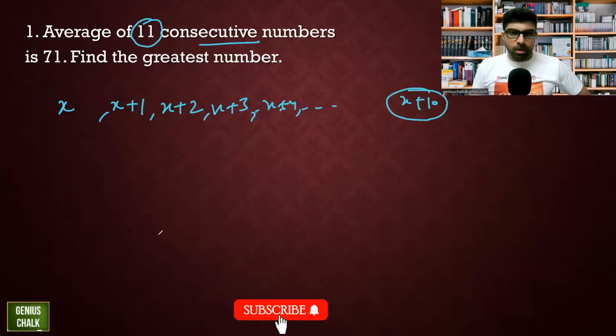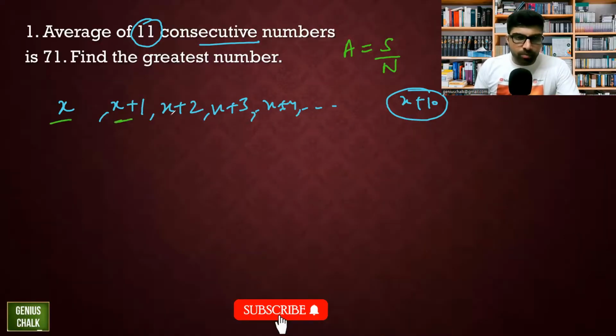Now, as per the formula, the first method is average means sum of the things by number of things. So if you add all of them, these are 11 consecutive numbers. That means total x will be 11x. And then from 1, 2 up to 10. This is the sum, right?